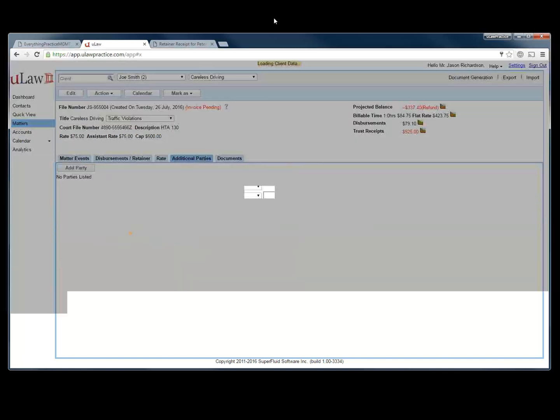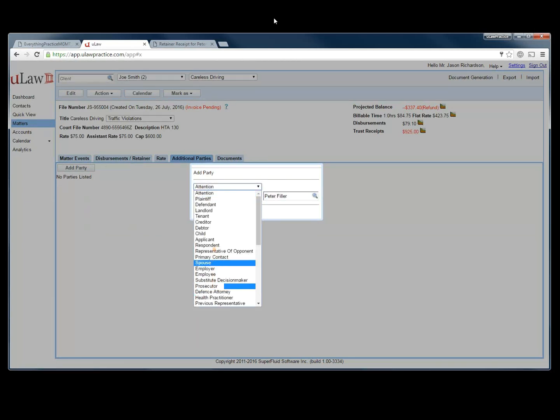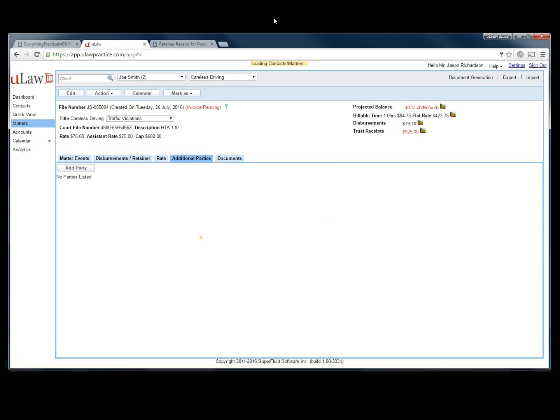For example, for Joe Smith's matter, Peter Filler was the defendant. If Joe was the applicant and Peter was the defendant, you want to capture that right into the matter. And if there's any document associated with that, you want to store that as well under document management, so that everything is filed and stored in a single place.